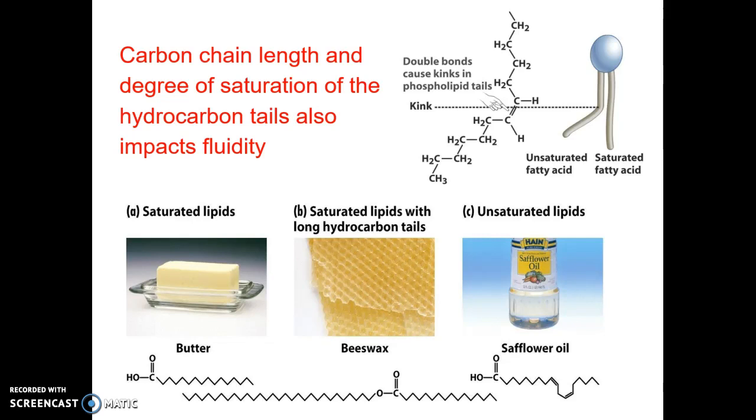So remember what saturation is: do you have all of the possible hydrogens bound covalently to carbons that you can have? If you are not fully reduced, then you're going to end up with some double bonds in between the carbons, and those double bonds create a kink.